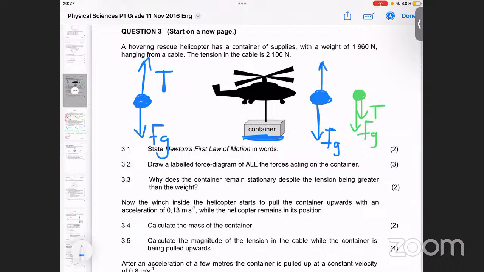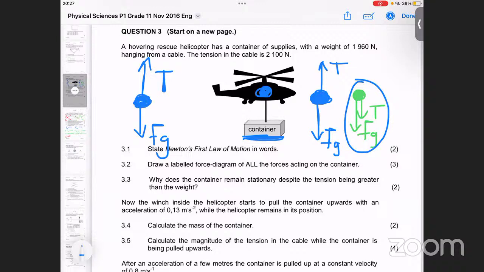So this would apply if you were drawing a labeled free body diagram of the helicopter. But again, let's see.